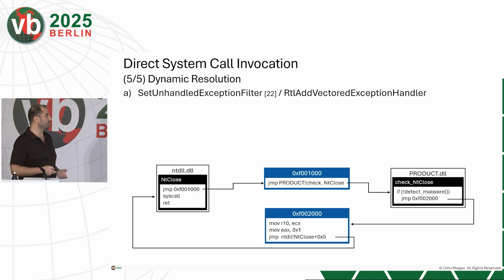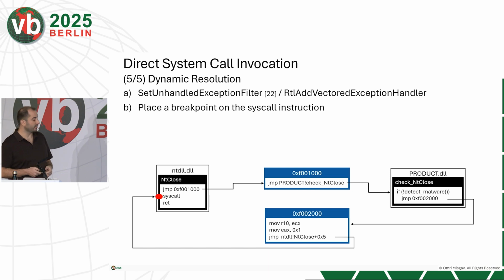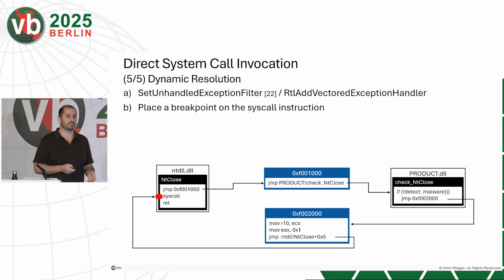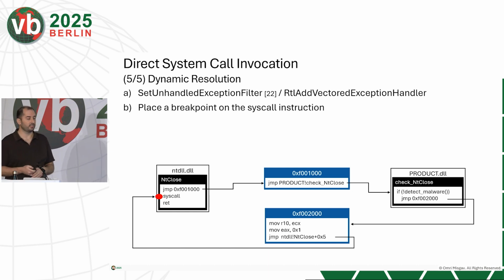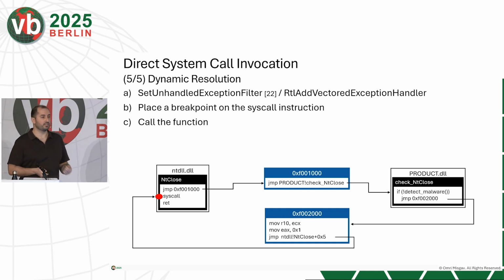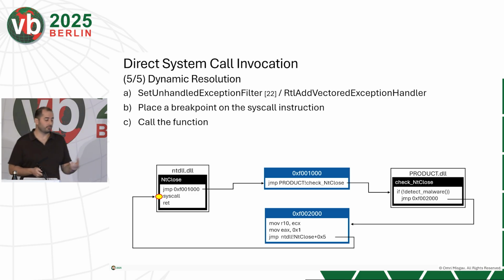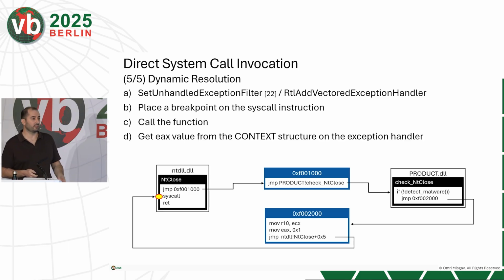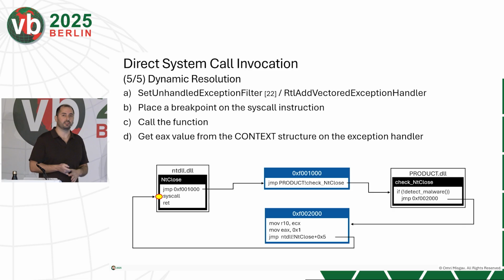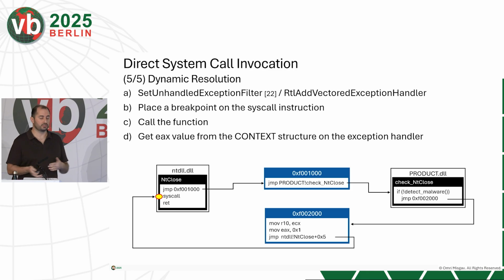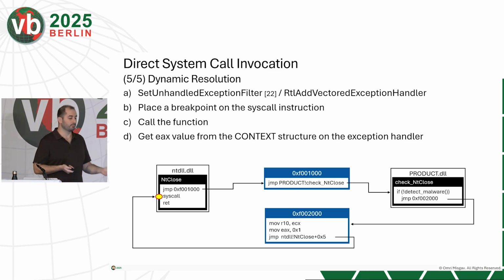Basically, using an exception handler and placing a hardware breakpoint on the syscall instruction of the system call service that we want to use, and then trigger the function and wait for the breakpoint to trigger. Once we have that, we can extract the index value from the EAX register in the exception handler itself. And we can let the function continue and finish, or just kill it off. But at that point, we already have the index.